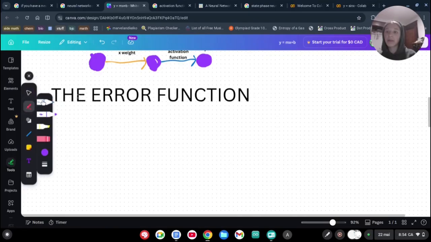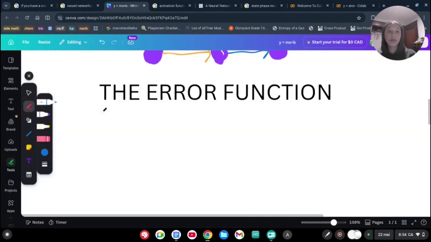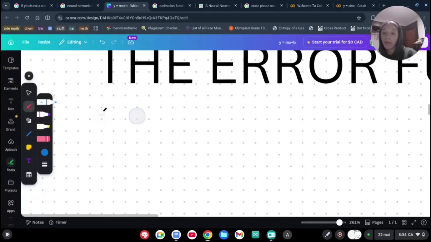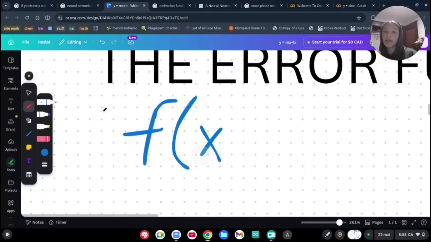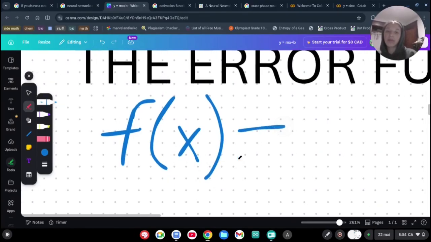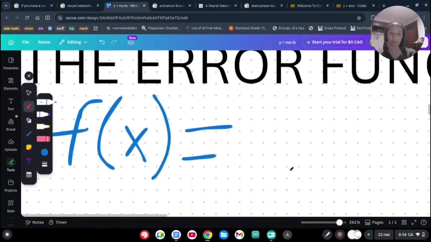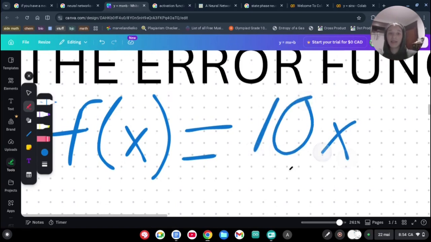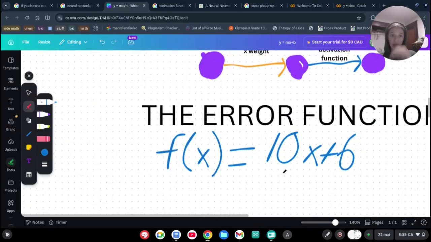The function I've been trying to approximate, failing, but it's fine. f of x is equal to 10x plus 6. That's what I'm trying to approximate.